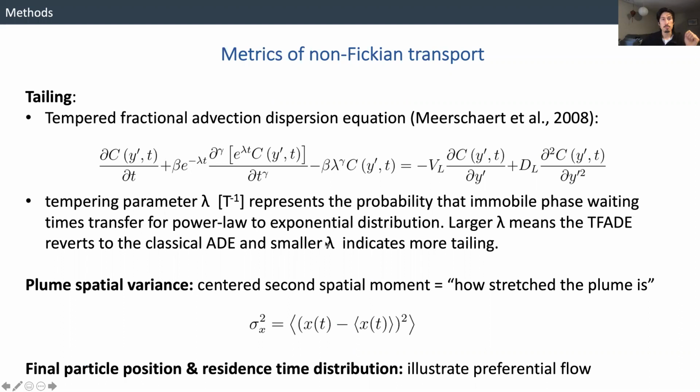And importantly, there's a parameter lambda that represents how mass moves from immobile to mobile zones, and a smaller lambda means more tailing. So we're going to look at that, and then we're also going to look at the slope of the breakthrough curves themselves. Then we're going to measure the plume spatial variance with the MSD, or the mean squared displacement. This is like how stretched out it is in space. And lastly, we look at the final particle positions for evidence of preferential flow.